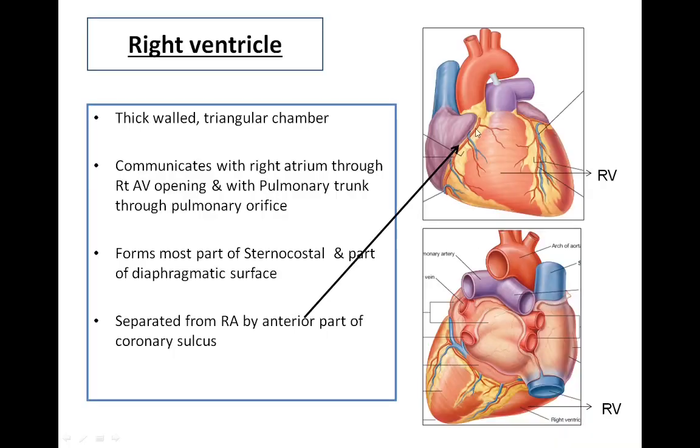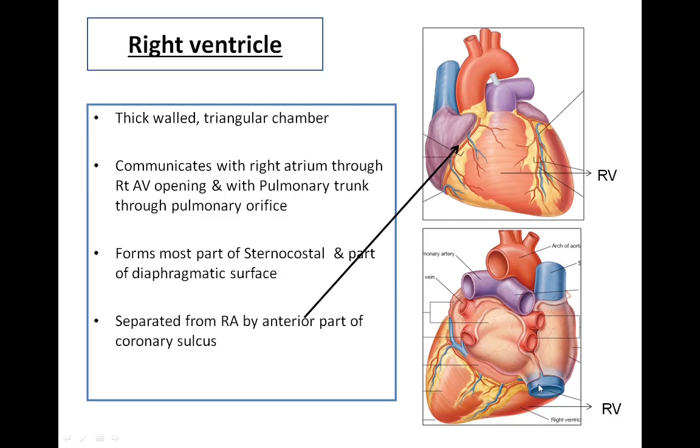See here, it goes back downwards between the right atrium and right ventricle. This is our coronary or atrioventricular sulcus. It runs downwards through the anterior part of the coronary sulcus, reaches the inferior border, then goes posteriorly.